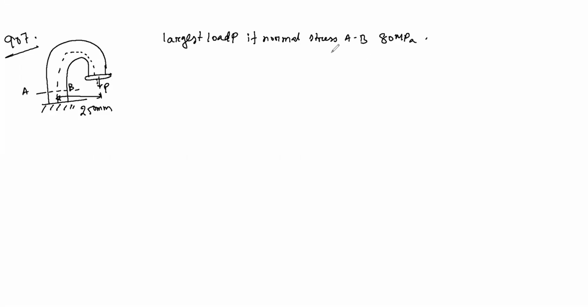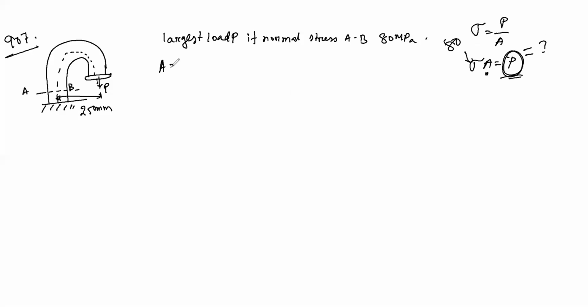ওকে, so sigma equals to P by A, right? So sigma A to P. So P এর highest মান কত if this one is given 80? So I need to find out the A also, right?